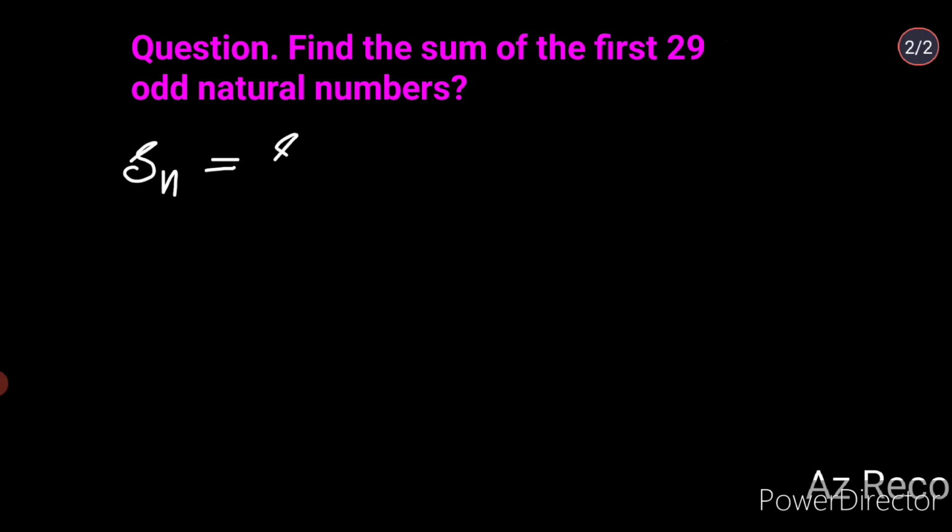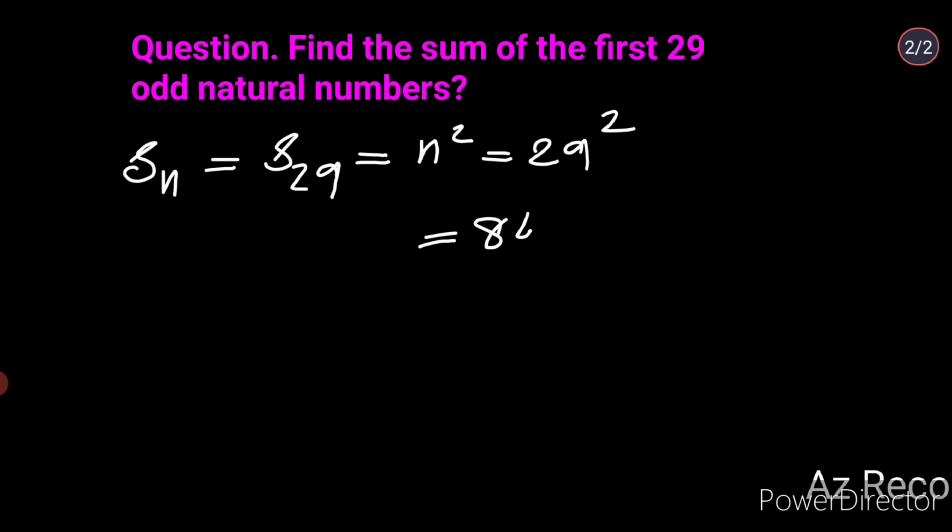So we can write the sum of 29 odd terms from the beginning is equal to n squared, that is 29 squared. 29 squared is equal to 841, that is the answer. If asked for the average, you will get the answer from the question. That is 29. If asked to find the average of the first 29 odd natural numbers, then it is 29.